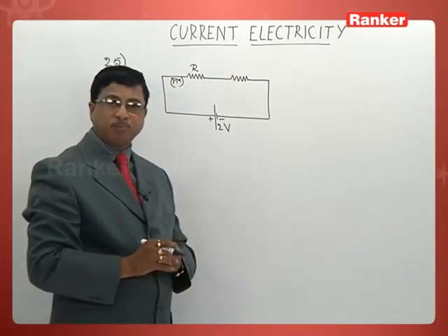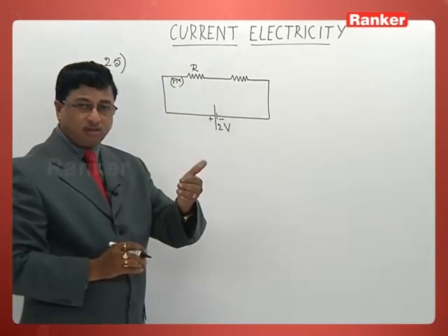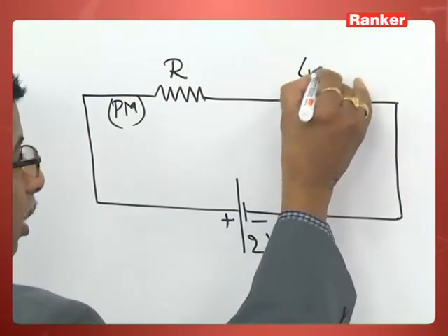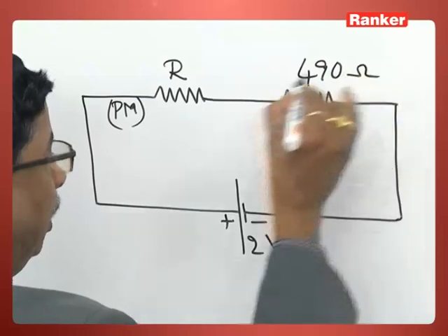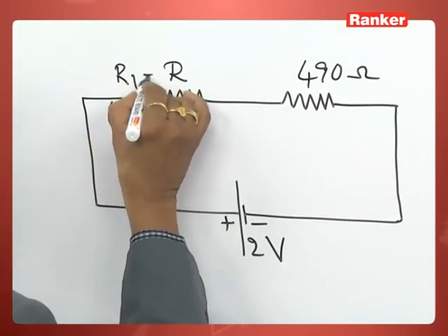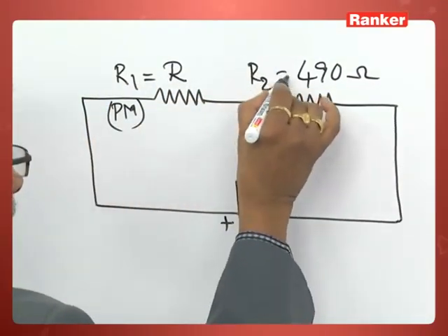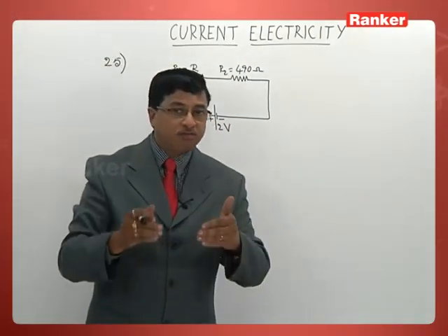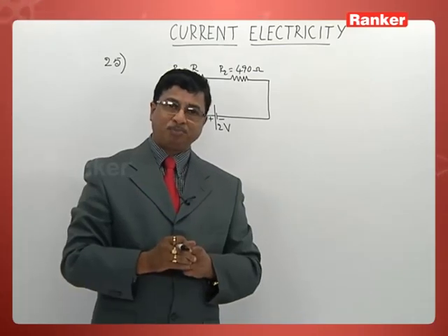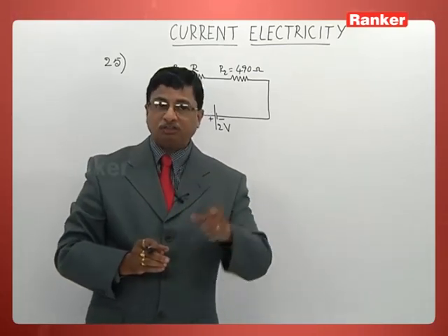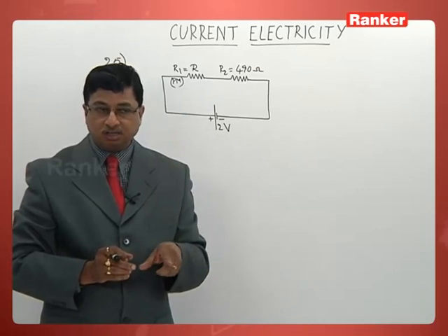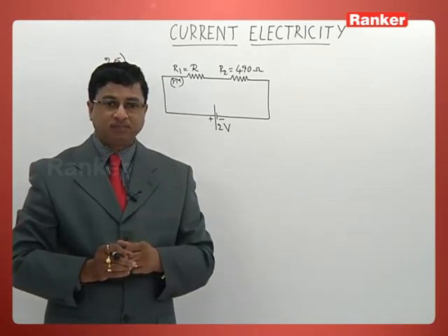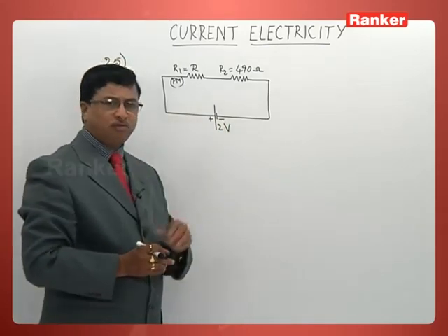The other resistance connected in series is 490 ohm, which I take as R2. R1 I am considering as the resistance of the potentiometer wire, and R2 is the series resistance of 490 ohm. And of course 2 volt is given very clearly.